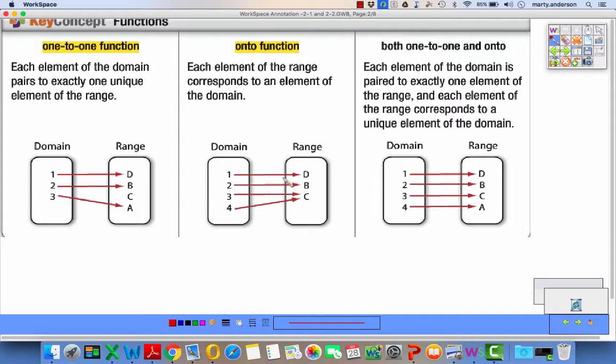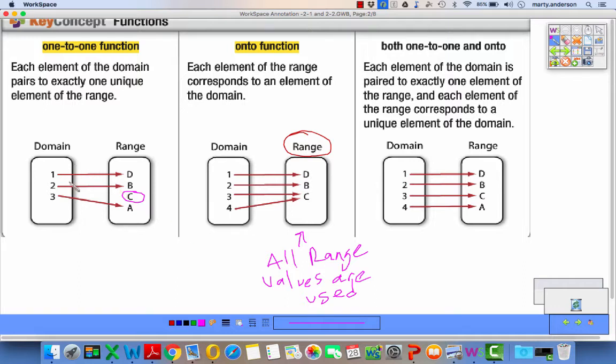So now every single range value is used. That's a good way to determine the difference. How do I know if it's going to be onto? All range values are used, and that makes it onto. If you look over here, C was not used, therefore it's not onto.